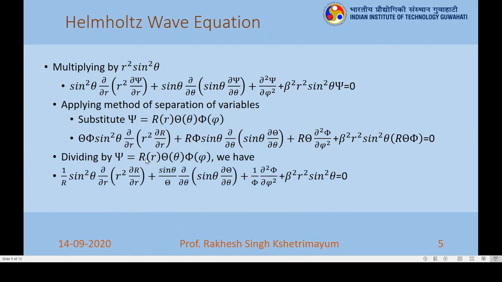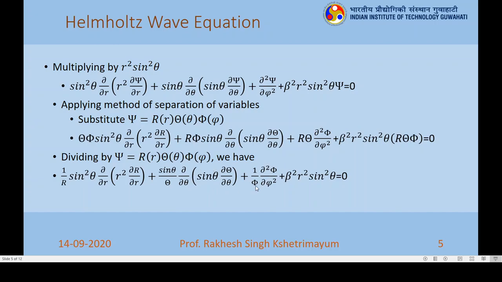If we divide by the product of capital R, capital Theta and capital Phi in this equation, then the wave equation simplifies like this. Now look at this term here. This term is totally dependent on phi, and what you can observe is that the first term and last term are dependent on r, and the second term is dependent on theta.